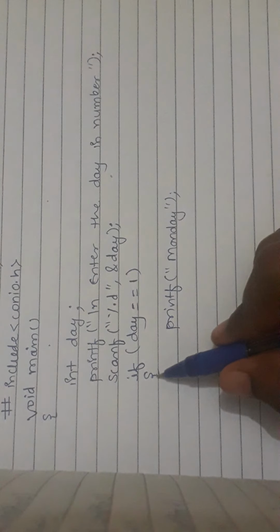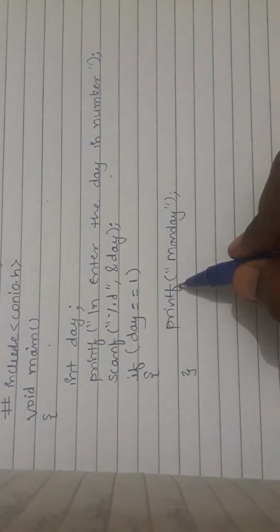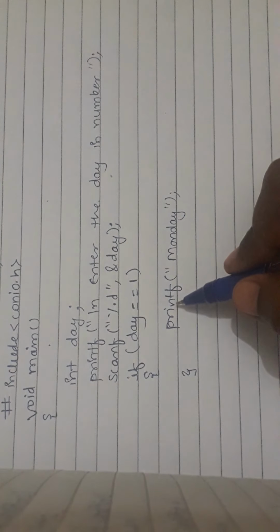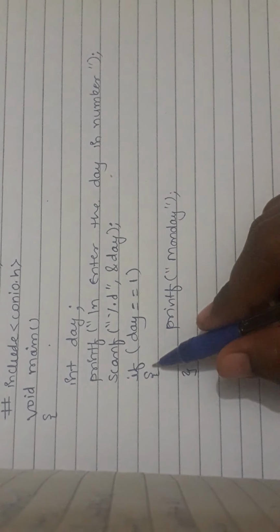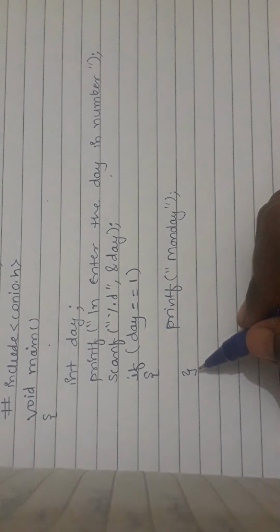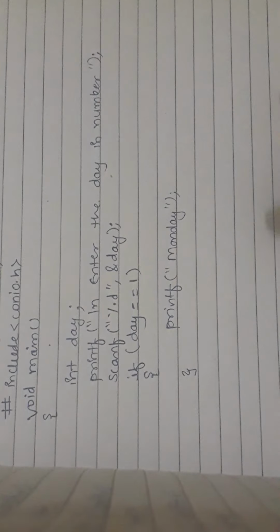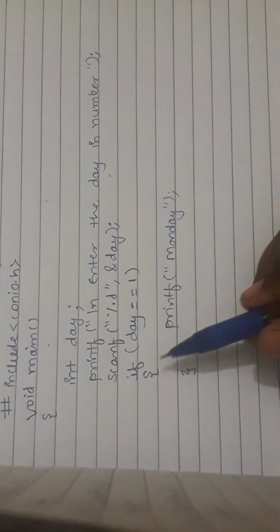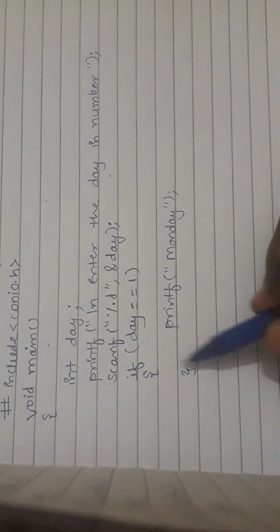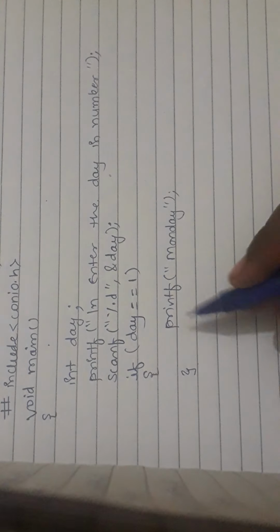Now after an if statement, if the block contains a single statement, then if you have not given the curly brackets, it is okay, there will be no error. For example, here we used the curly brackets.